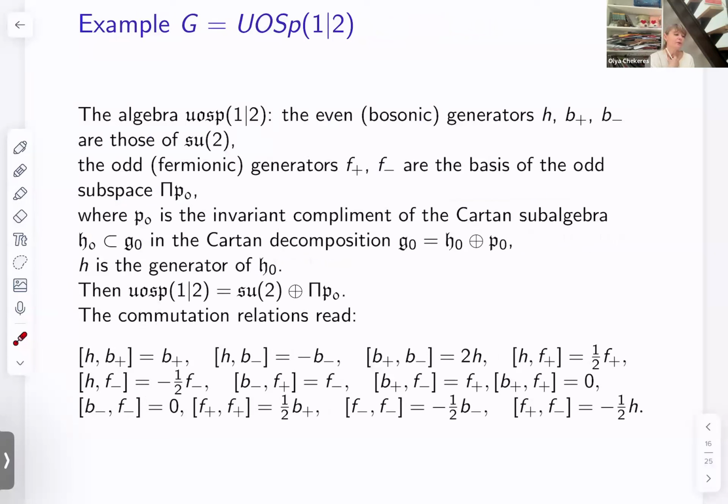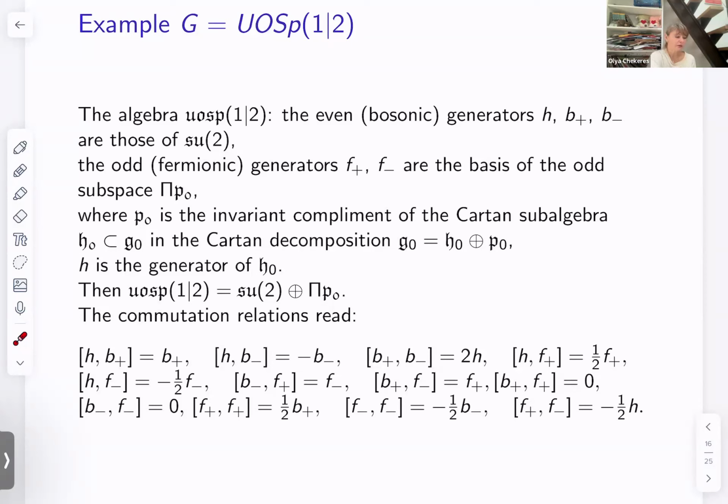So one example goes with the Lie group UOSP(1,2). Its algebra has 3 even bosonic generators, which actually form the subgroup SU2. And then there are odd fermionic generators, and they form the odd subspace, P0 with shifted parity, where P0 corresponds to the invariant complement of the Cartan subalgebra in the decomposition of SU2.